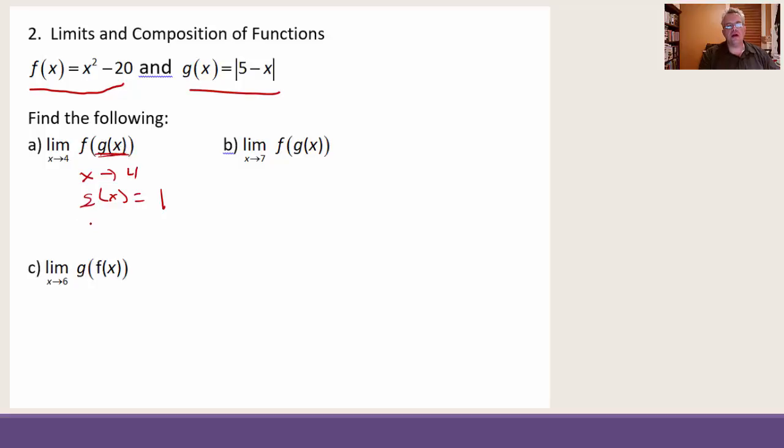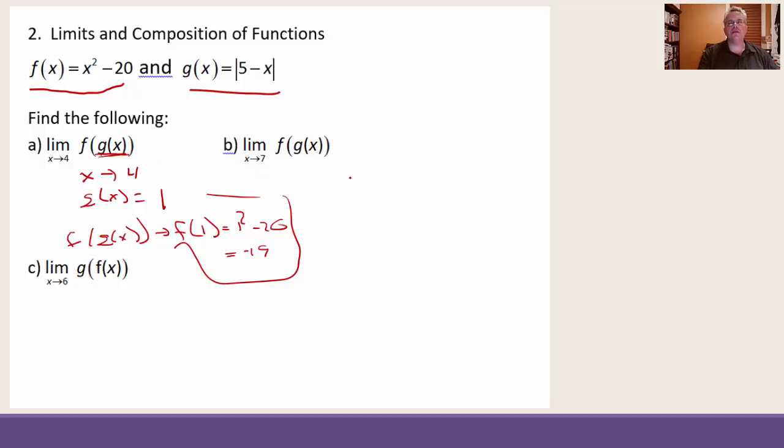So f of g of x is approaching f of 1, which is 1 squared minus 20, which is -19.